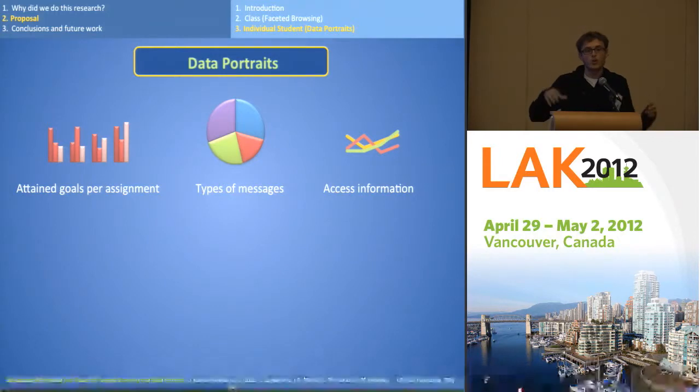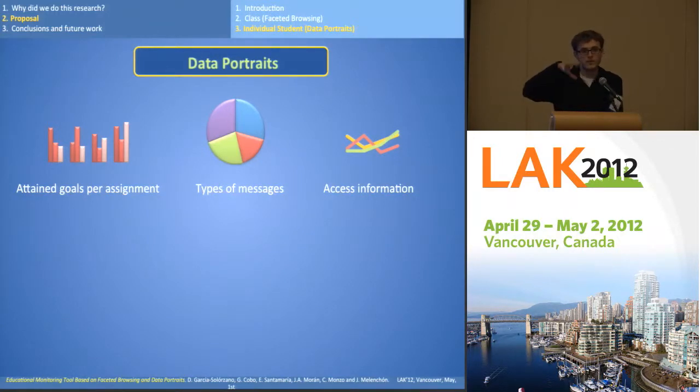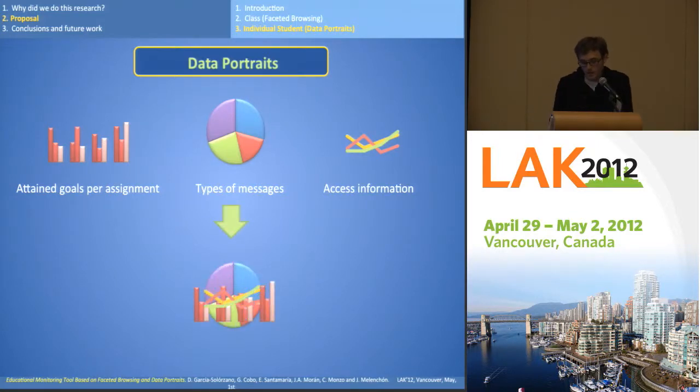We have to see different representations and combine this data in our mind and create our idea of this student. So the idea of data portraits is to combine all this information in a single picture, in order to create an overall idea of the student at a glance.